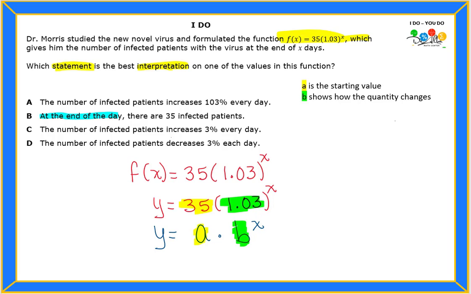Is 35 at the end of the day? No, because we said that 35 is the starting value. So 35 would be how many patients were infected at the beginning of the day, not at the end of the day. So letter B cannot be my answer. Let's cross it out, because that's not my end of the day value. It's at the beginning of the day.